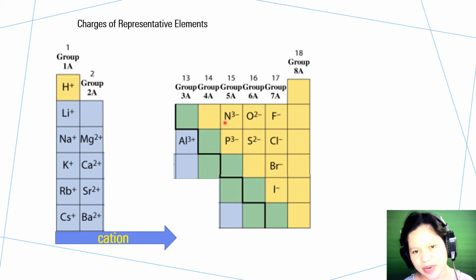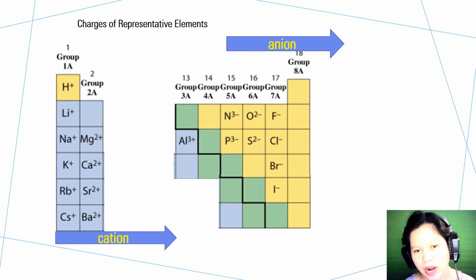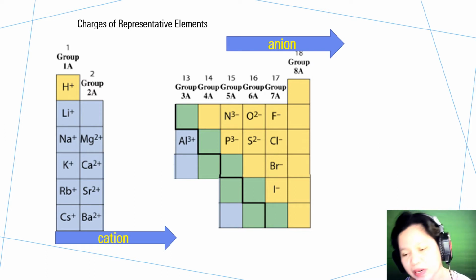Now, in this given set of elements, they are considered as anions. Why anions? Because they are more likely to receive electrons than to give. Say, for example, fluorine has 7 electrons in the outer shell, or its valence. Is it more practical for it to give away the 7 rather than just receive one?